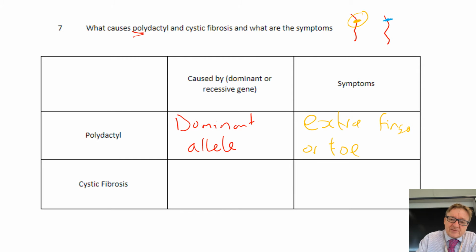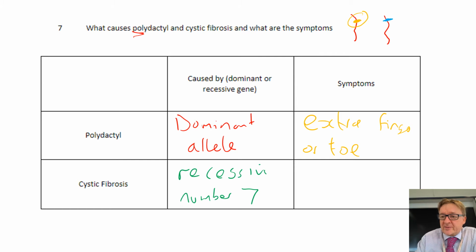Cystic fibrosis is caused by a recessive gene on chromosome number 7. So what we've got here, and I'll just draw my random picture again, I've got a chromosome from mum, a chromosome from dad. The red is the cystic fibrosis, and I'll just do a different colour, or lots of different colours. The yellow is not cystic fibrosis.